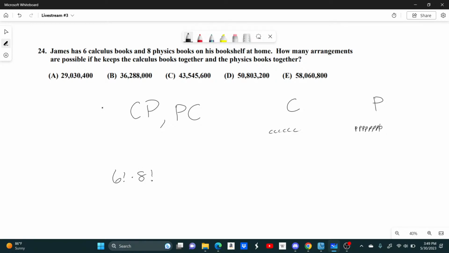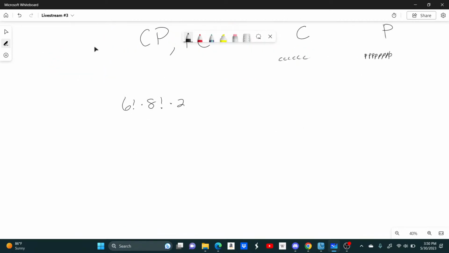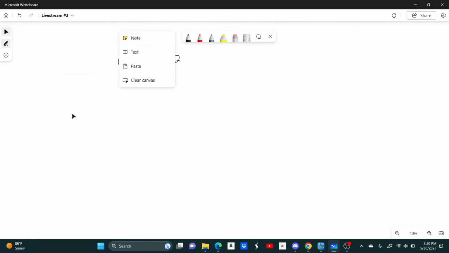And then you can either go calculus physics or physics calculus, so you have to multiply by 2. So if I multiply all these things together, you get 58,060,800. Sweet. Okay, let's keep going. We're making some good progress here.